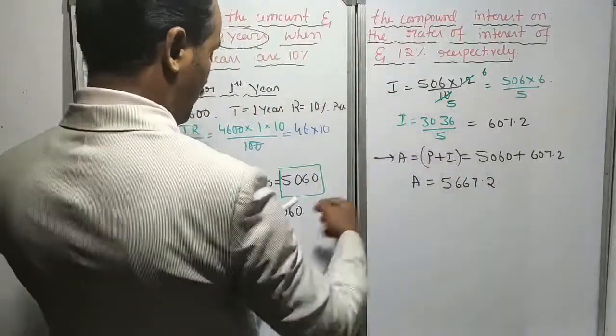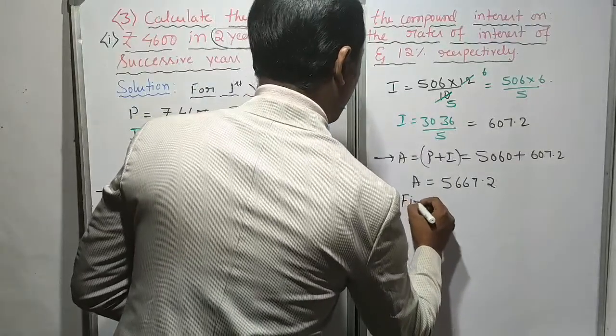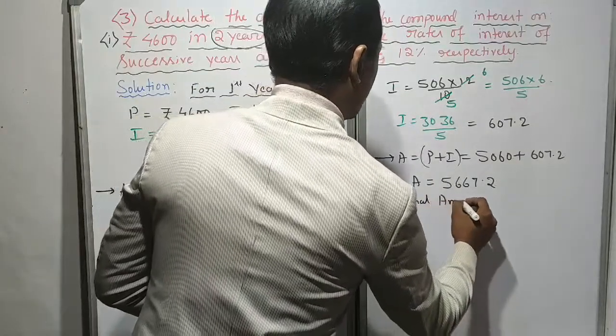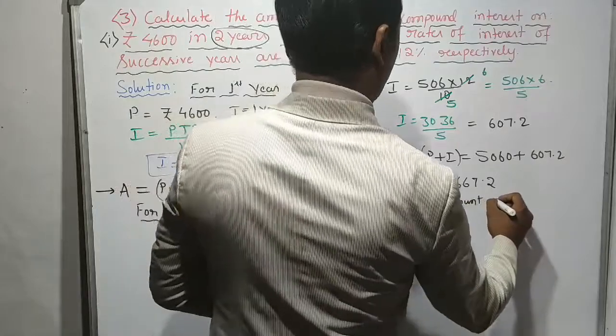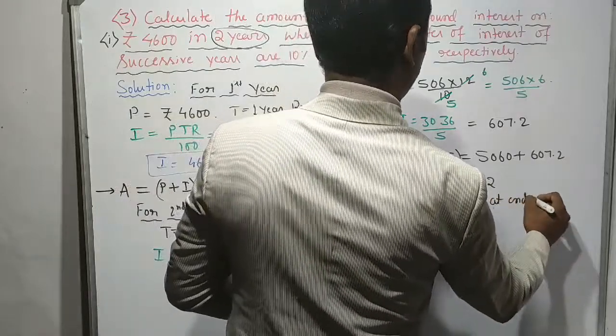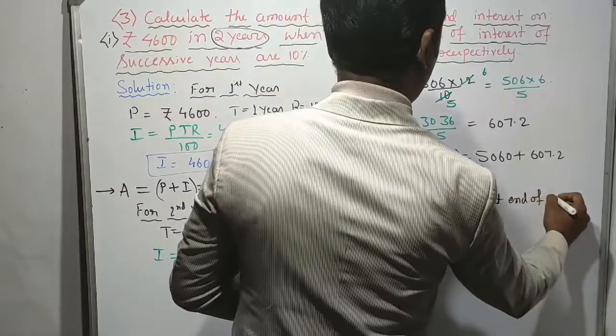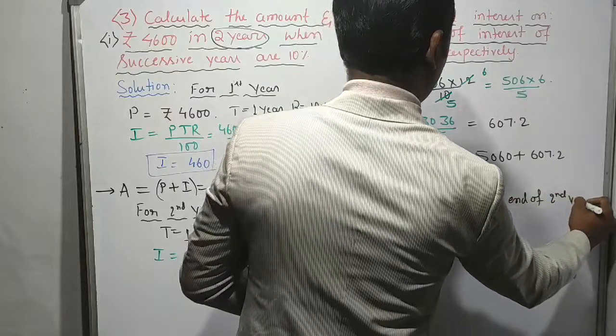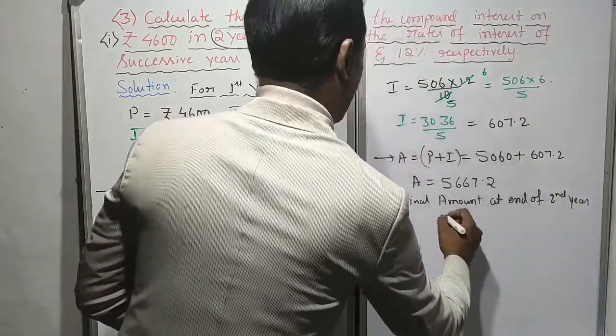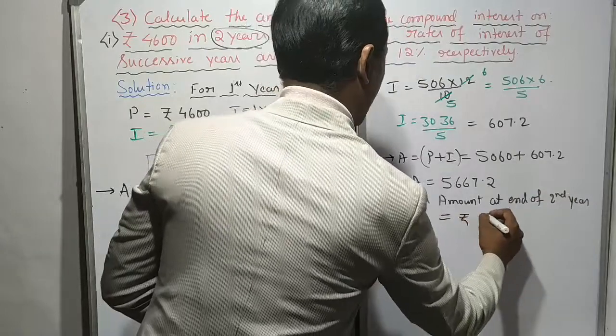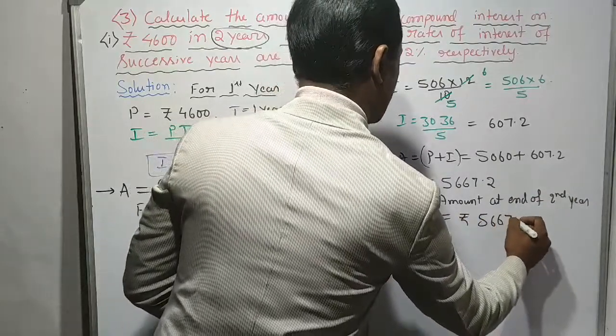The final amount at the end of the second year. I am writing the conclusion. The final amount at the end of the second year is rupees 5,667.2.